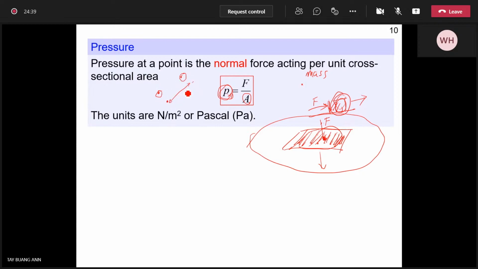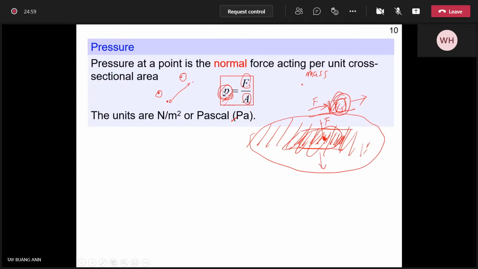So when you're talking about mechanics, you don't need this. But here, when we're talking about matter, you need to think about the size of the object, the real size, and that will affect the effect of this force. Okay, that's why we need to think about pressure here instead of just force.